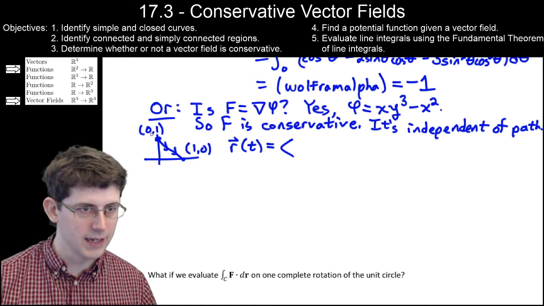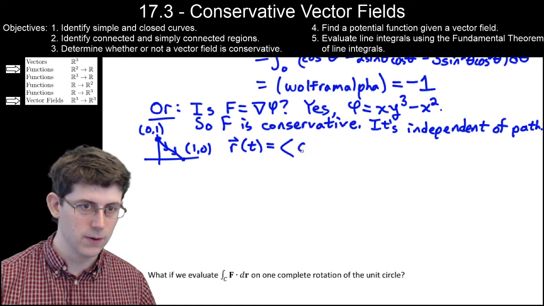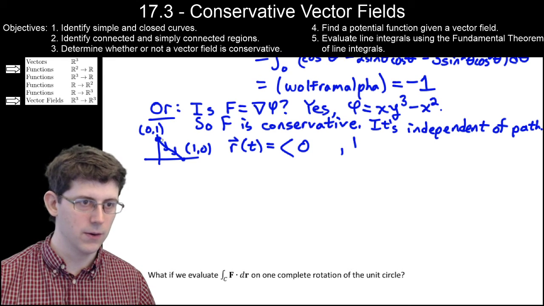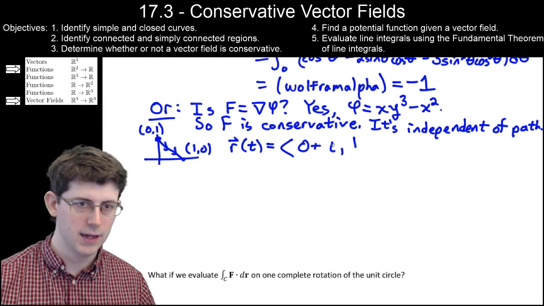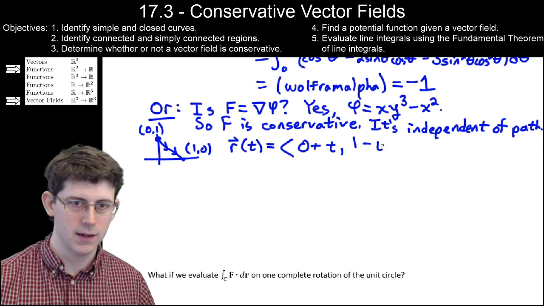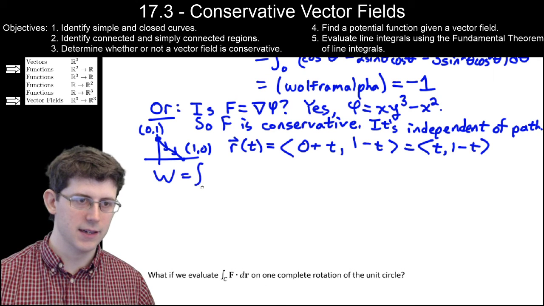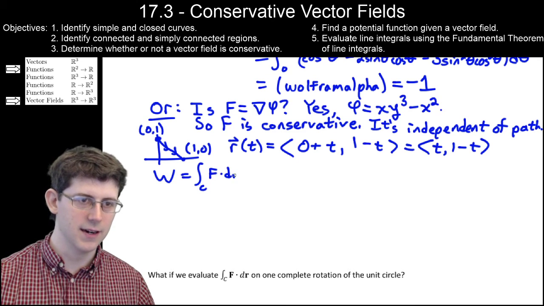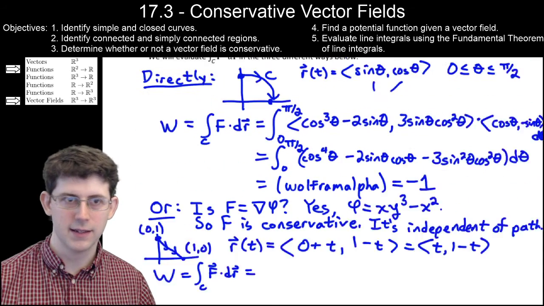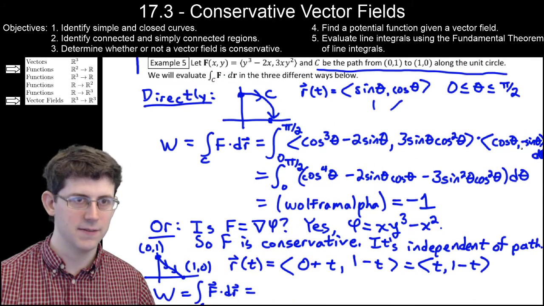Since it's a line segment, I can use my trick where I start at 0, 1, and my x goes up 1, and my y goes down 1. And then my work is the integral of f dot dr over the curve C. F is this thing with all the cubes and stuff.